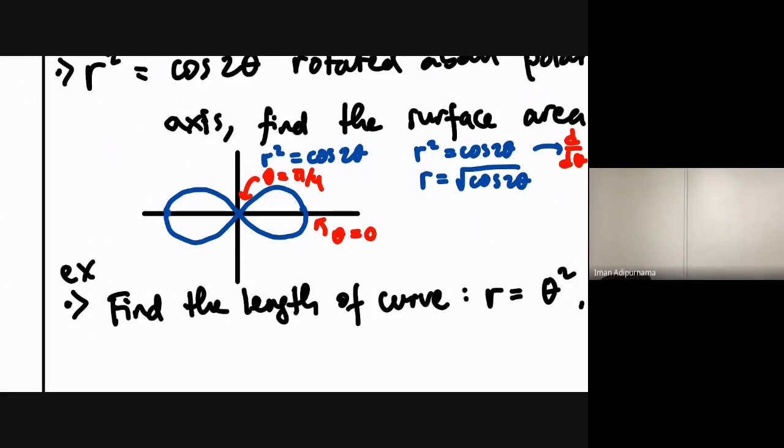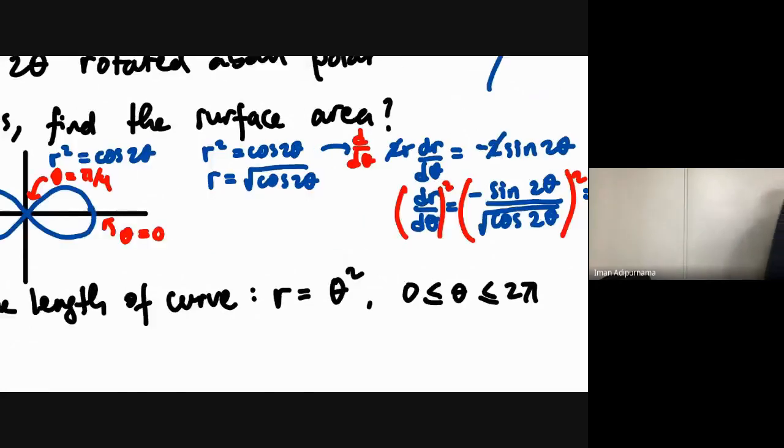But it's symmetric, so I'm just using 0 to pi over 4 and then multiply by 2. Okay. And then 2 pi.